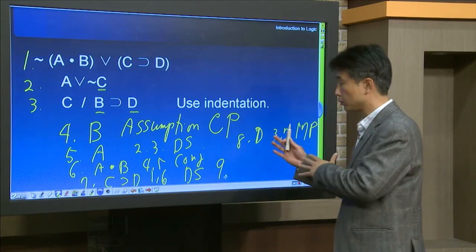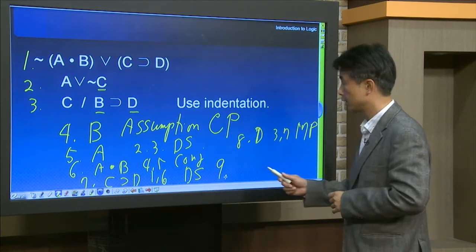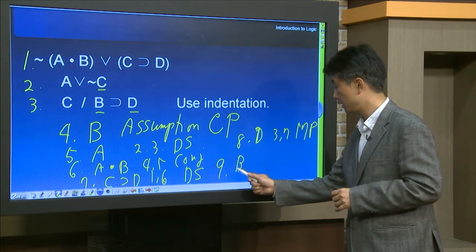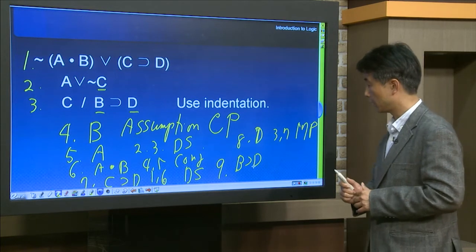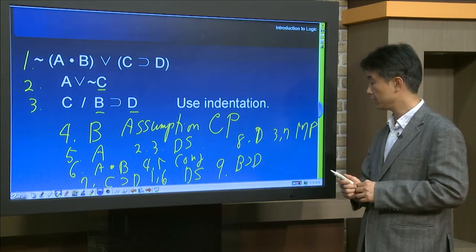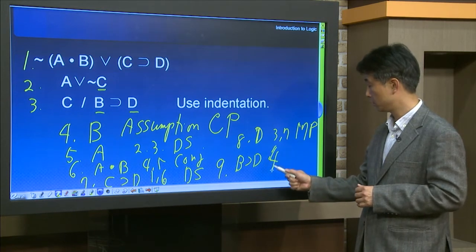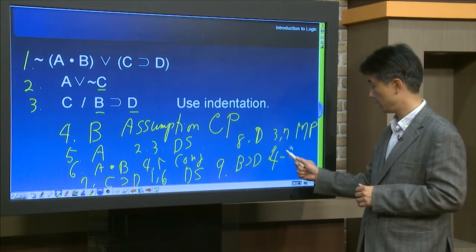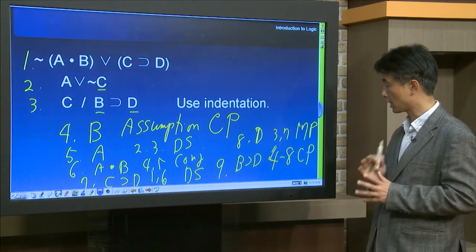Okay, I have to get out of the indentation, and number 9 says B then D. And how did I derive this? Because of step 4 through 8, conditional proof. Okay, that's how I do that.